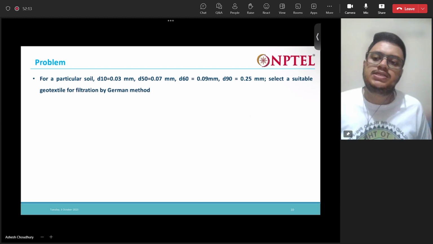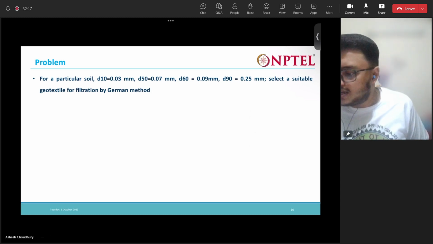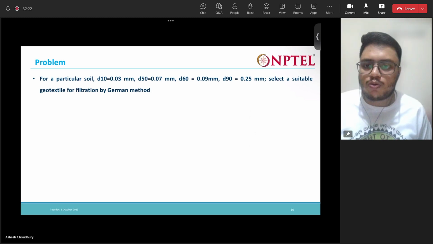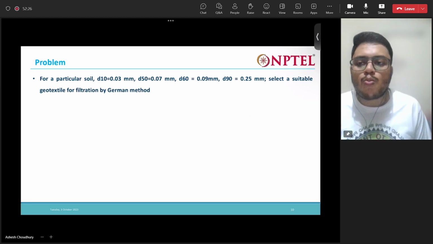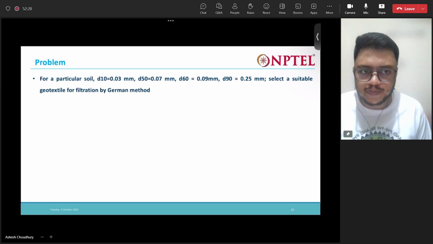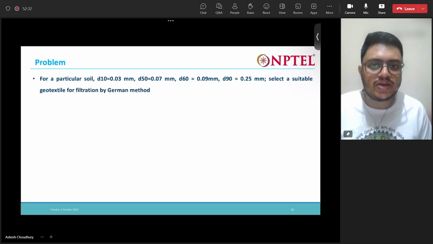Okay, so we need to select a suitable geotextile for filtration by German. Okay, so what is the D50 size here? The D50 size is 0.07 mm, right? The D50 size is 0.07 mm.